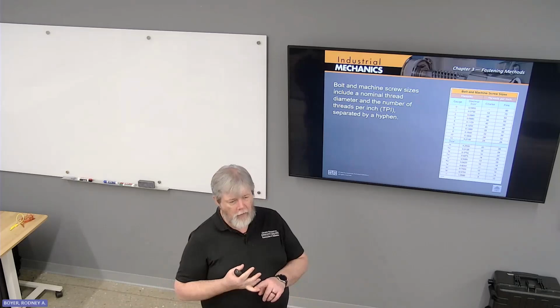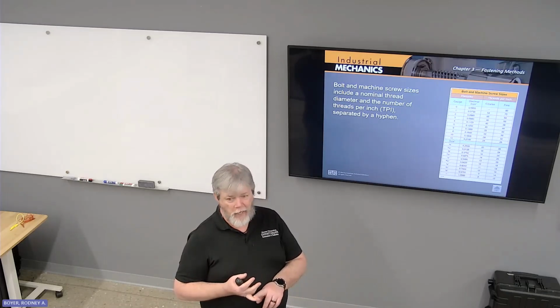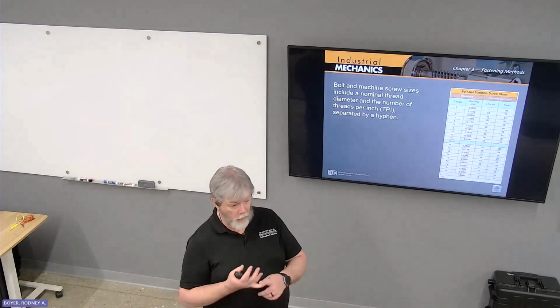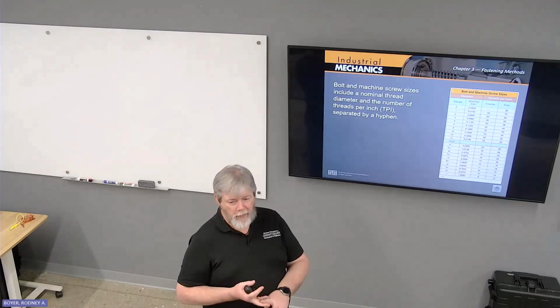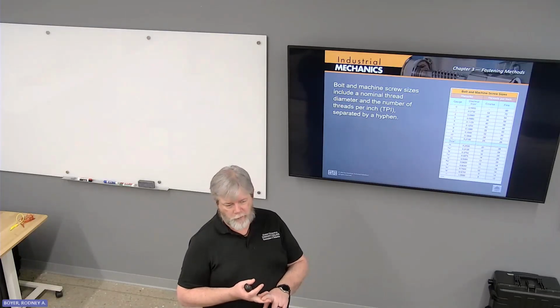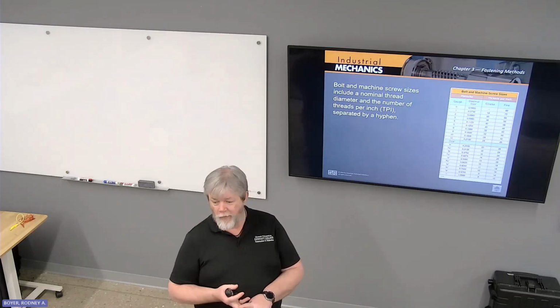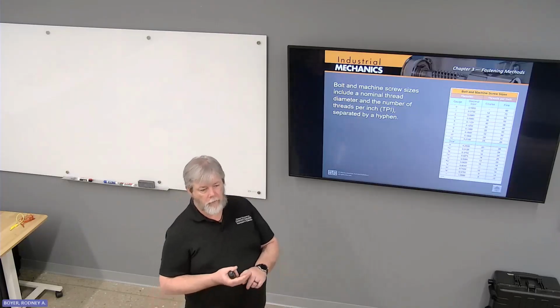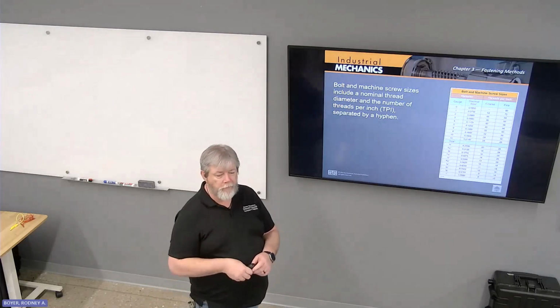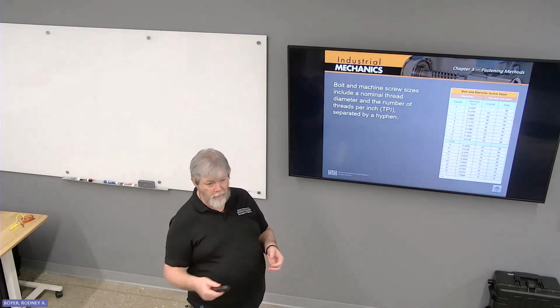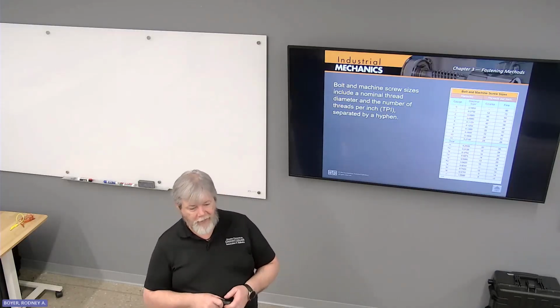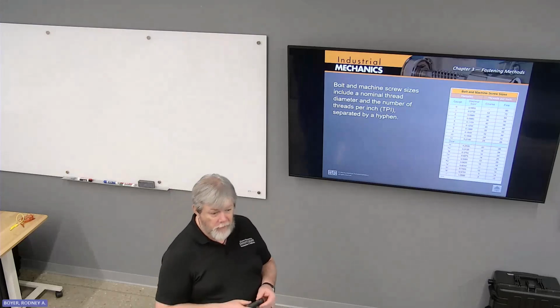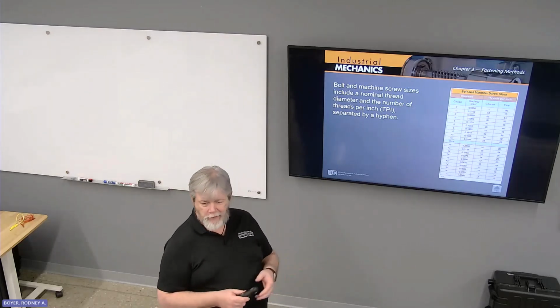You need to know the diameter, the nominal diameter, 1/4 inch, the threads per inch, 20, bolt or screw, and then the length. Those are the 3 criteria that you can use to define every fastener. And then you have to worry about what the drive mechanism is.